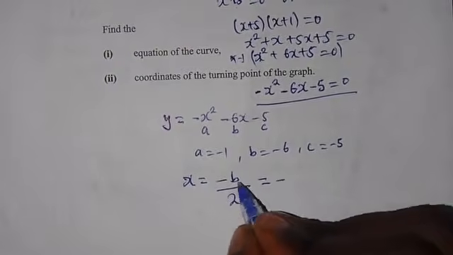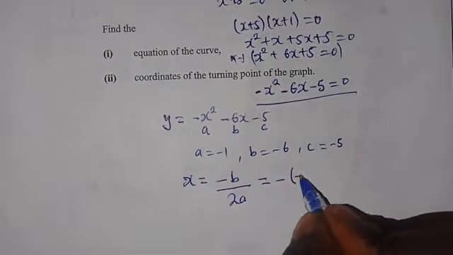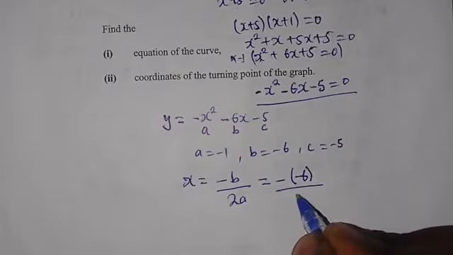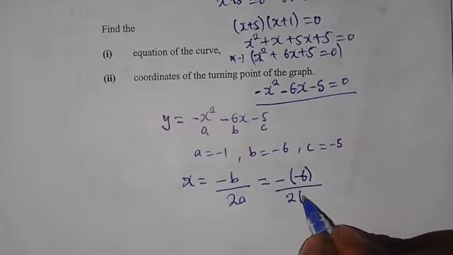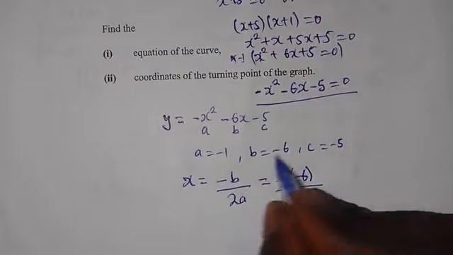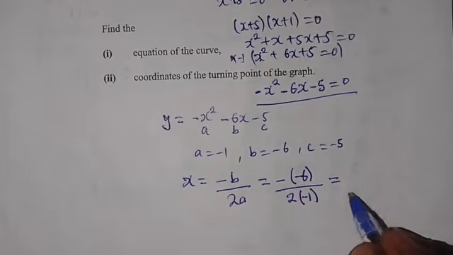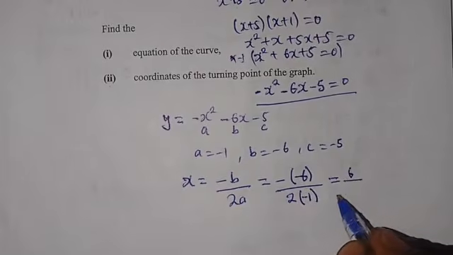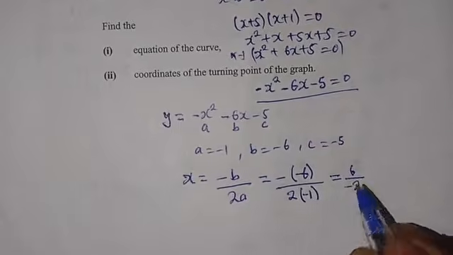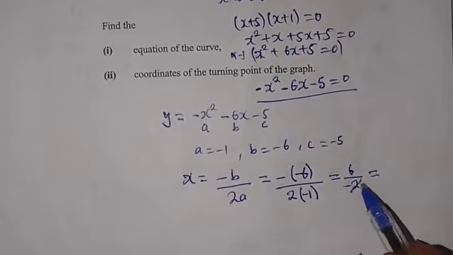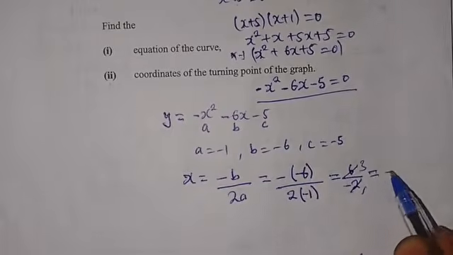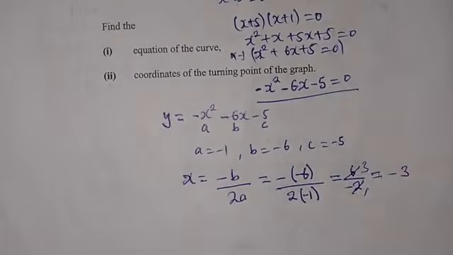So negative, b is negative 6, so negative 6 in brackets over 2 times a, which is negative 1. This will be negative negative, positive 6 over negative 2. 2 into 6 is 3, so x is equal to negative 3.